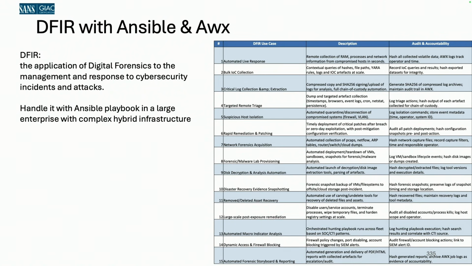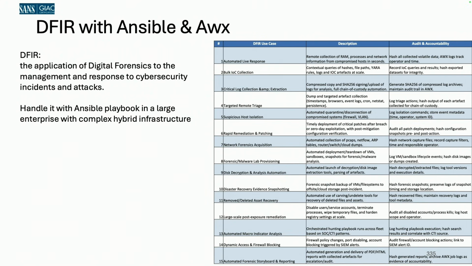Using DFIR with Ansible and AWX is a little different, but it's the same approach. For DFIR, you need to do some checks. You need to collect some evidence. Then you write the playbook.